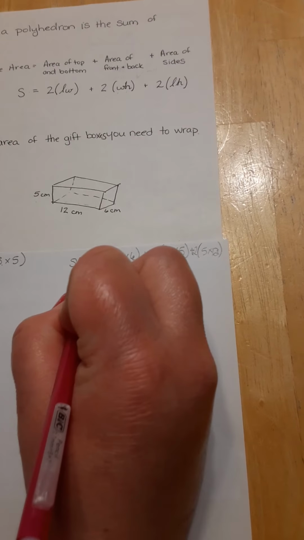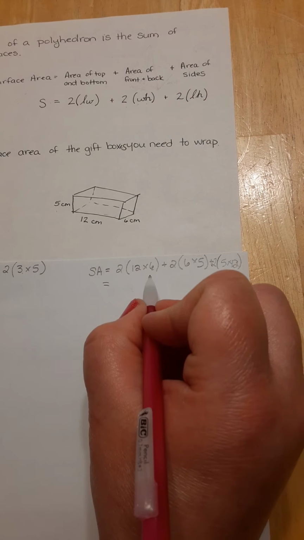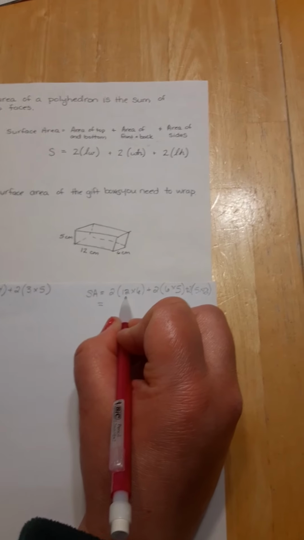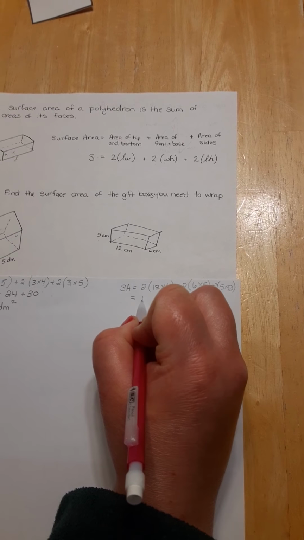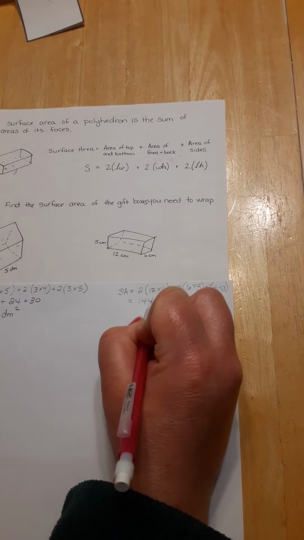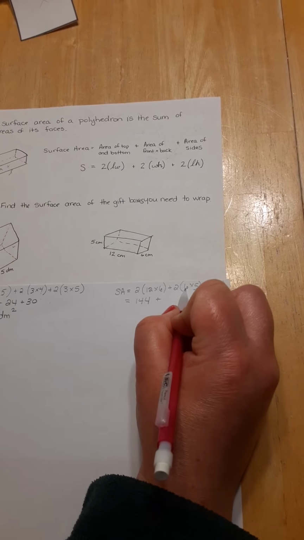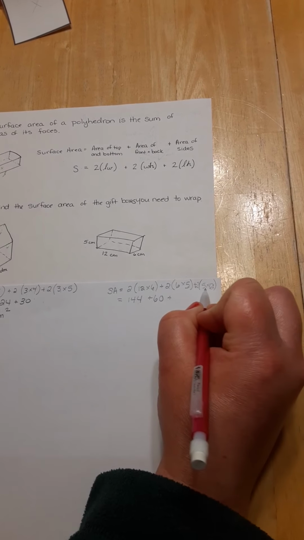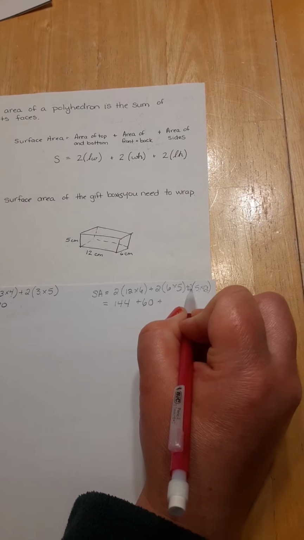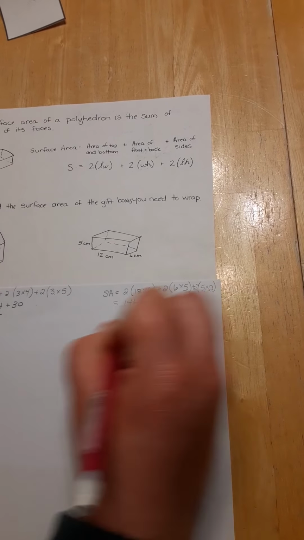Now we're going to just do the multiplication and add them all up. 6 times 12 is 72. So that would be 144. 6 times 5 is 30, times 2 is 60. 5 times 12 is 60, times 2 is 120.